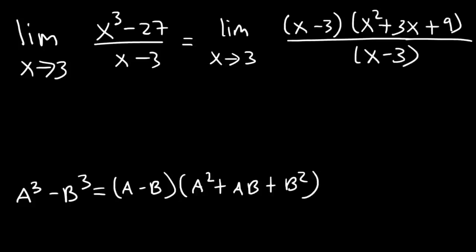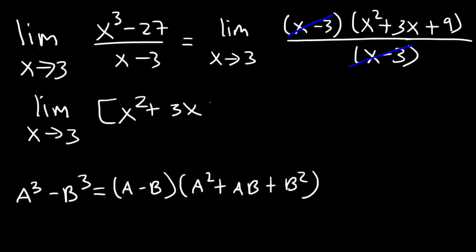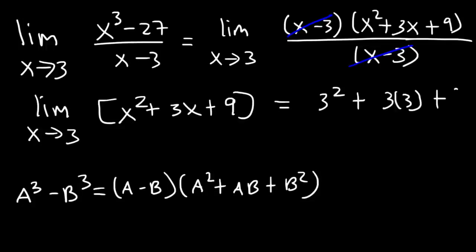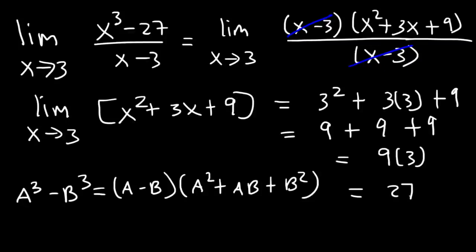Now we can cancel the factor x minus 3. What we have left over is the limit as x approaches 3 of x squared plus 3x plus 9. At this point, we can use direct substitution. So it's 3 squared plus 3 times 3 plus 9, which is 9 plus 9 plus 9. Adding 9 three times is basically multiplying 9 by 3. And so this limit is equal to 27.